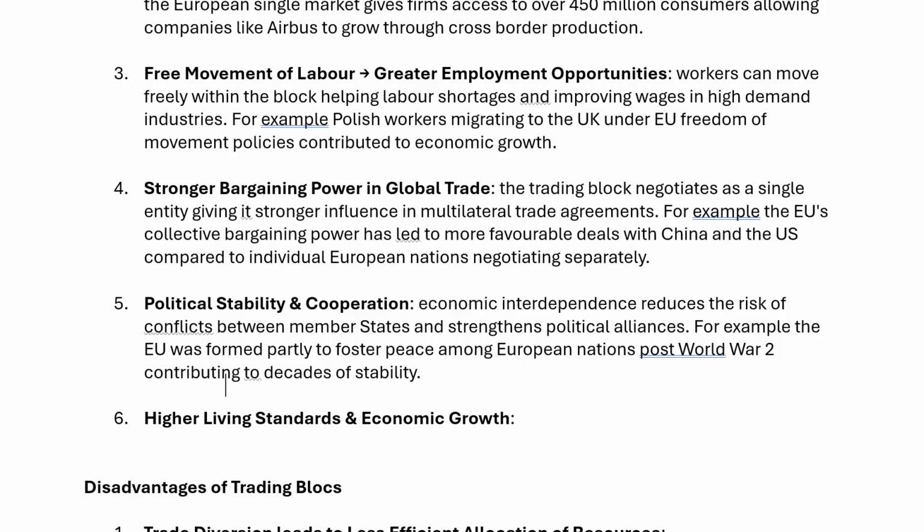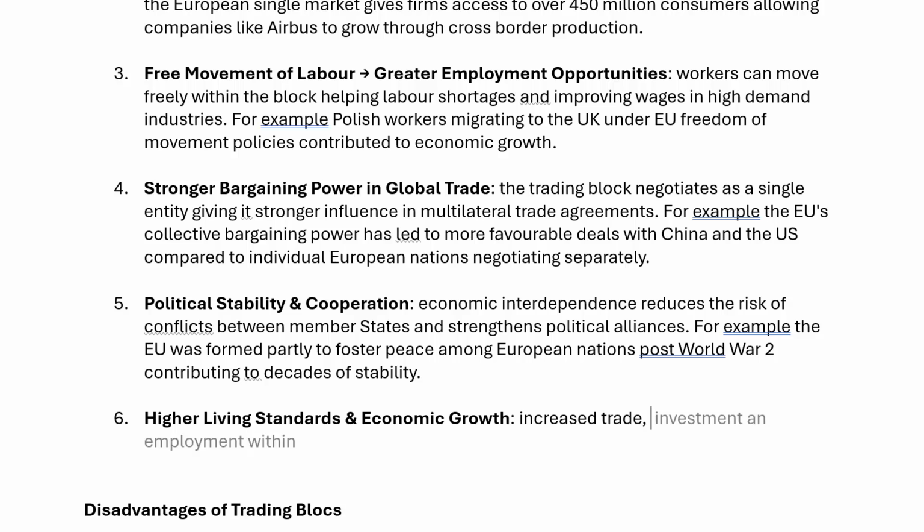And the last major advantage I've got here is that being members of a trading bloc can lead to higher standards of living and economic growth. Increased trade, investment, and employment within the bloc contribute to higher GDP growth and improved quality of life.